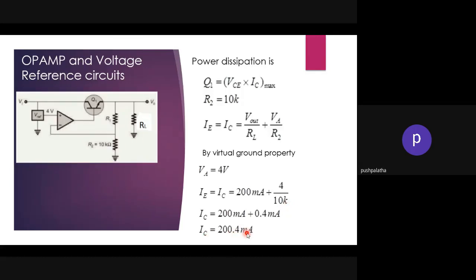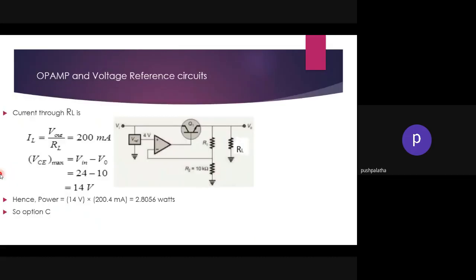We found the IC value, because we need to find the power dissipation VCE into IC. Next, what is the current through RL? IL equal to Vout by RL, which is 200 milliamps.